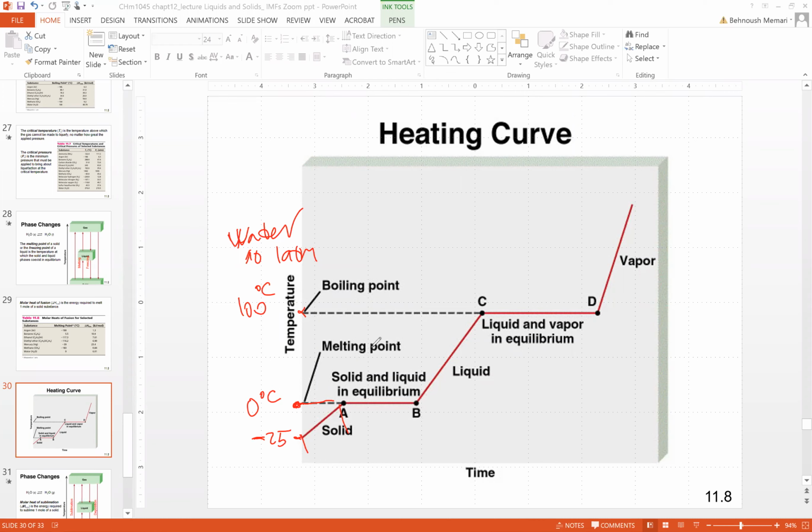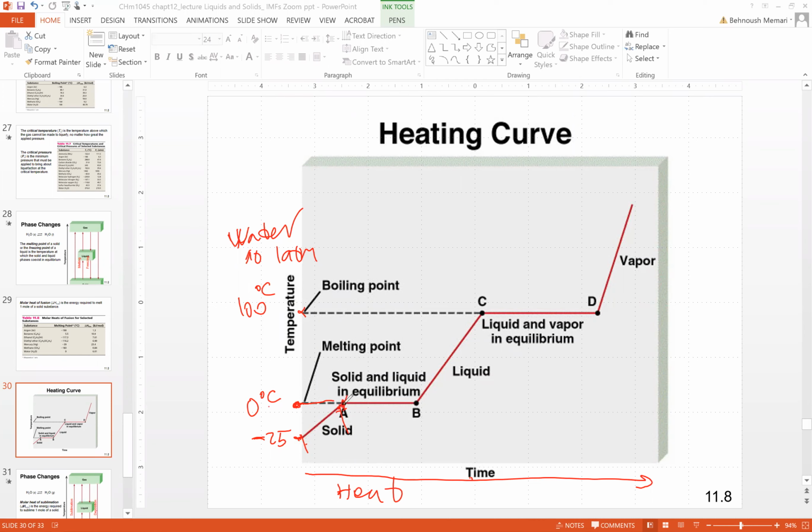You are applying heat. So heat is applied here. The time means the time that you apply heat. Okay. So as you apply heat to solid, the temperature is going to increase. So in this case, it's just warming solid until it reaches melting point.